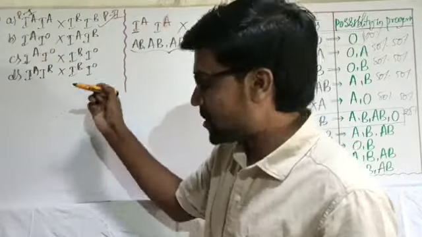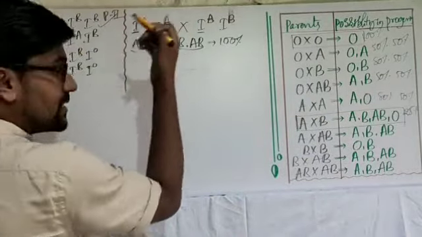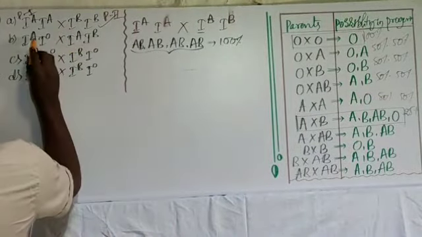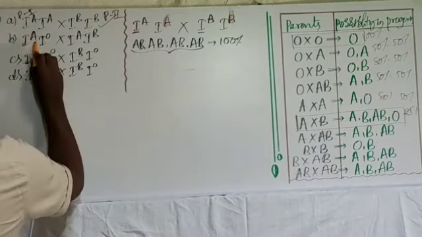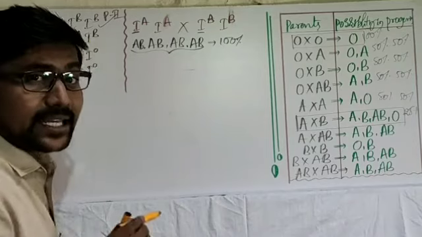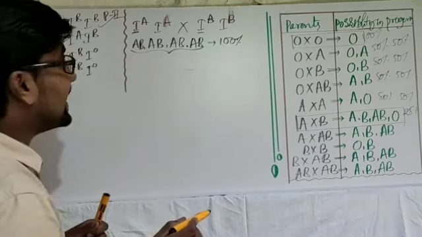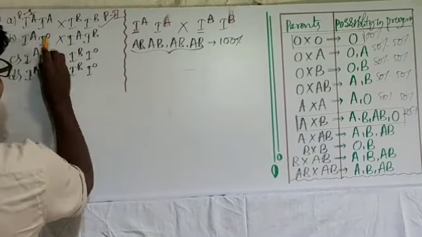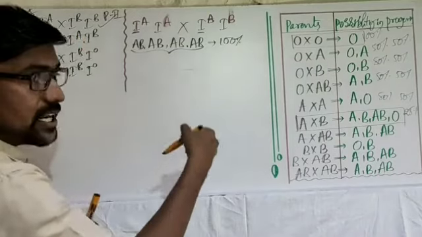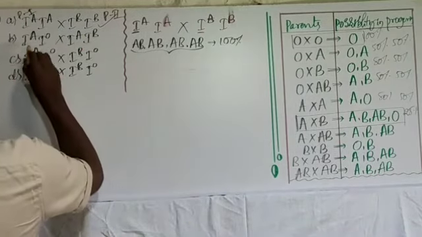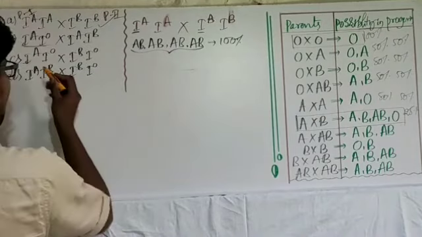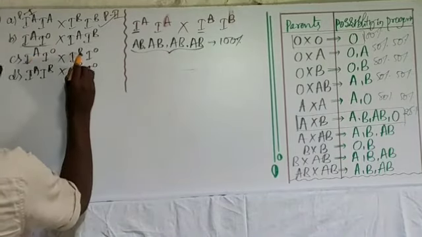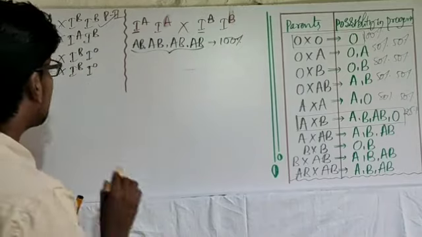If we consider this one just here, why not the second option? A and A blood group, okay? A and B, AB blood group. But the thing is, if you multiply this one, A and A, if the children are A, then already an A parent is there here. So leave that option. And here also, A and B, AB, okay?